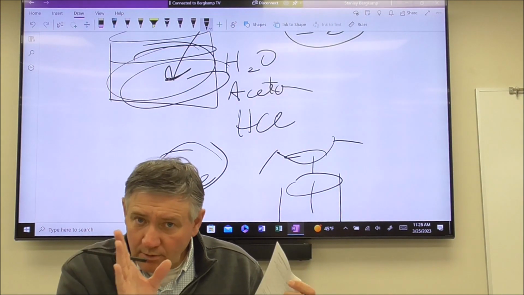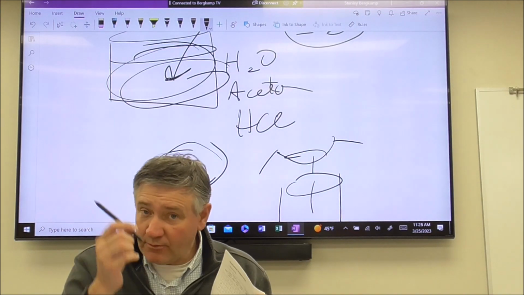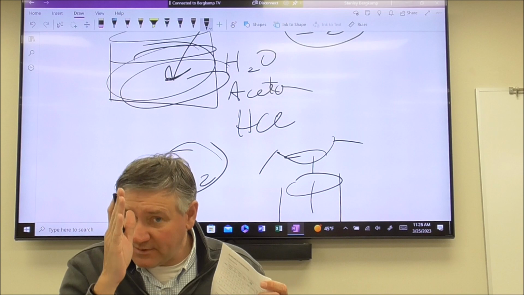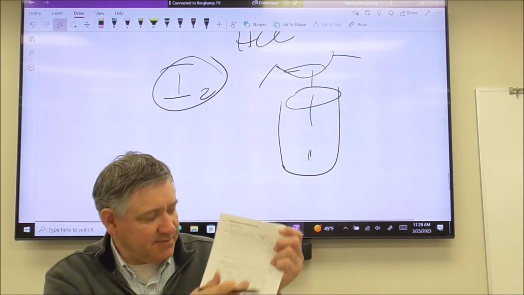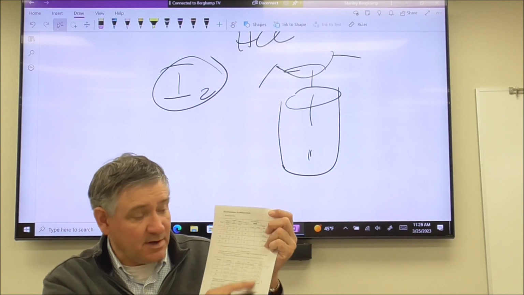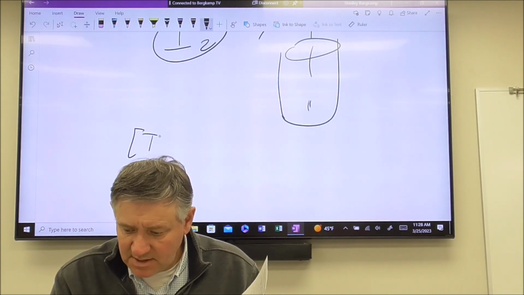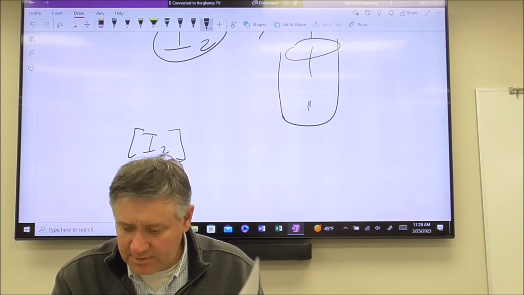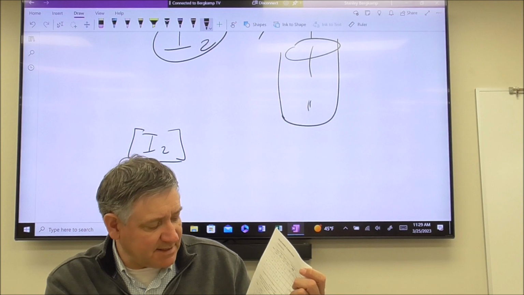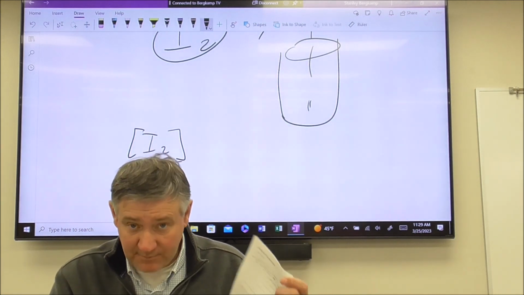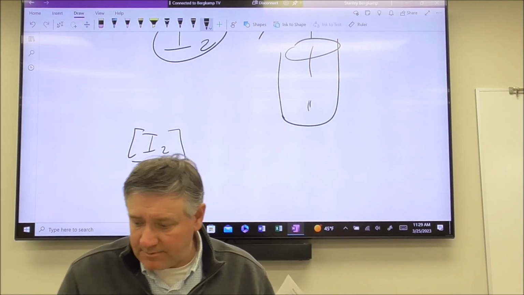So what you are ultimately after is the rate, and we're going to base the rate on the change in the concentration of the iodine. So to get this rate column over here on page 4, that's going to be the change in the concentration of iodine per unit of time. The initial concentration of the iodine is 0.0010, the concentration after it was mixed together.